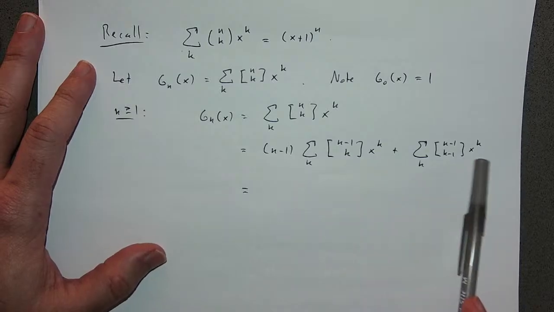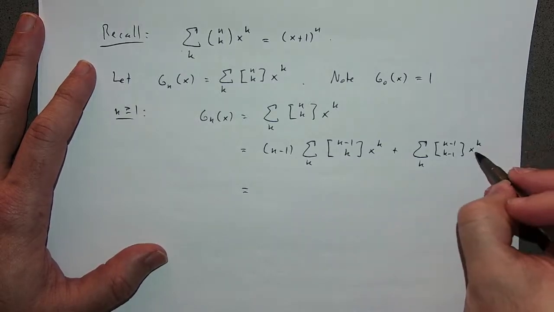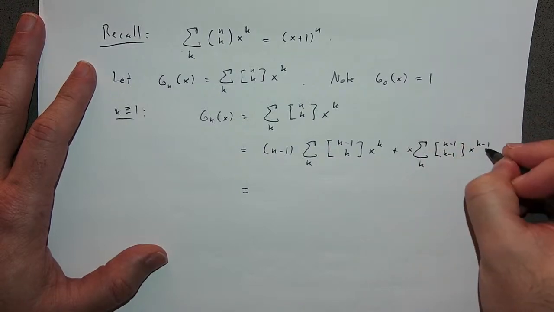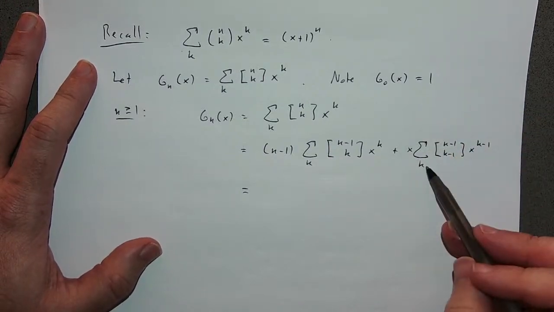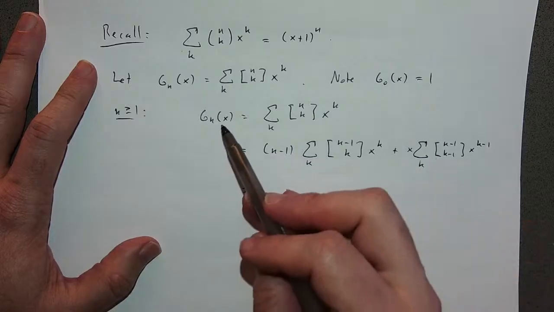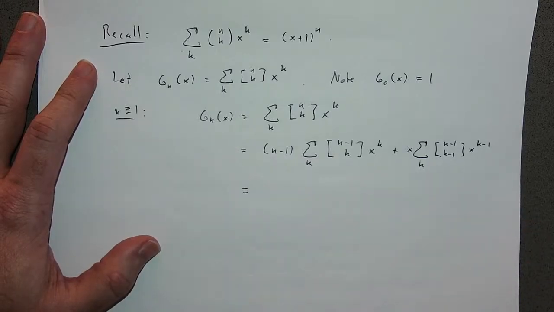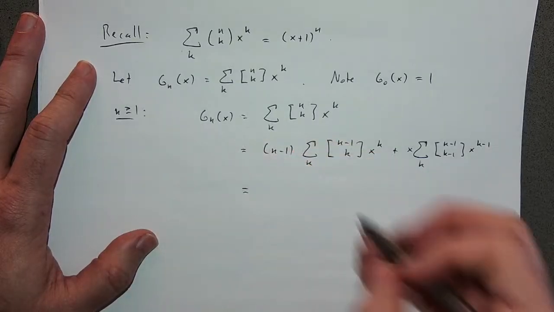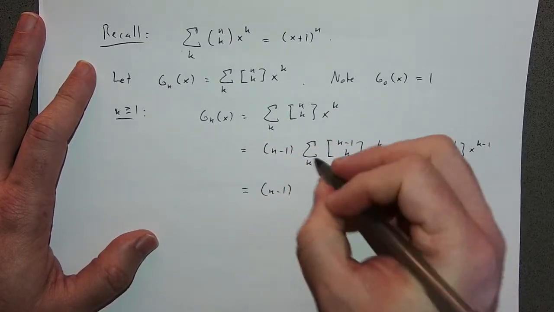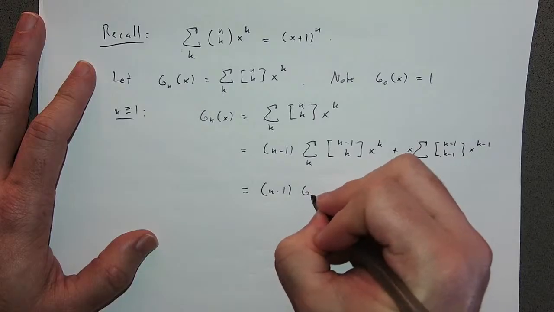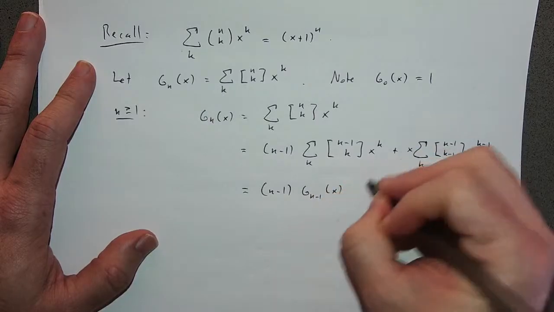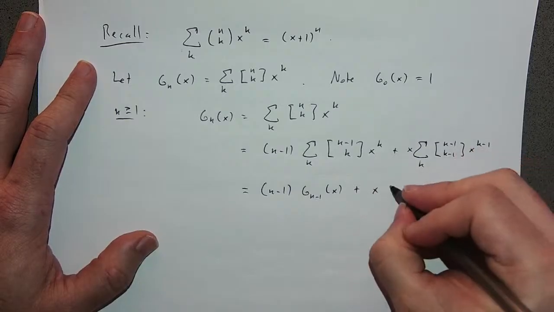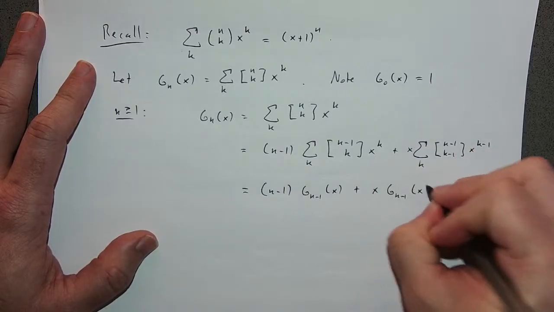And for this, I can do the thing I always do, re-indexing, so I can pull a copy of x out, which makes this x to the k minus 1. This is exactly just the generating function g sub n minus 1 as well. So this is n minus 1 times g sub n minus 1 of x plus x times g sub n minus 1 of x.